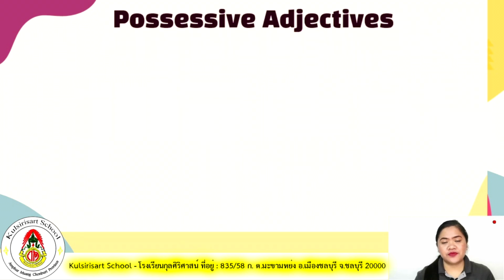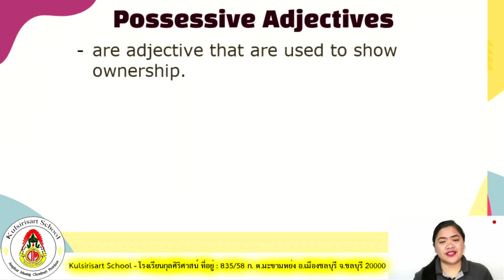So now, the real meaning of possessive adjectives: they are adjectives that are used to show ownership. That is about possessive.